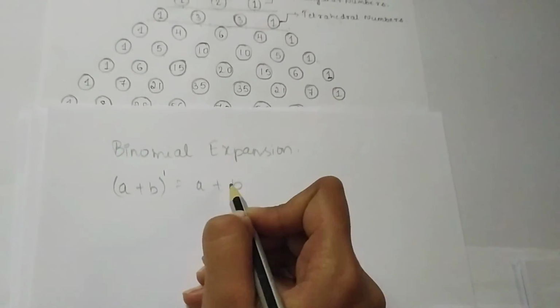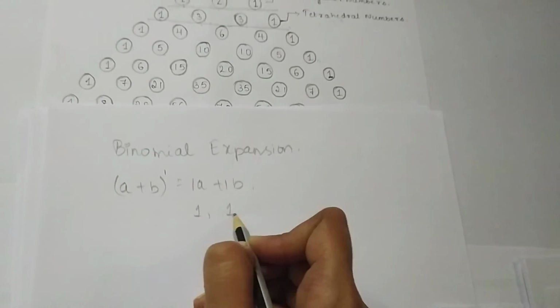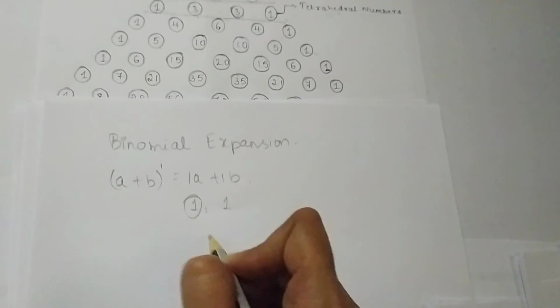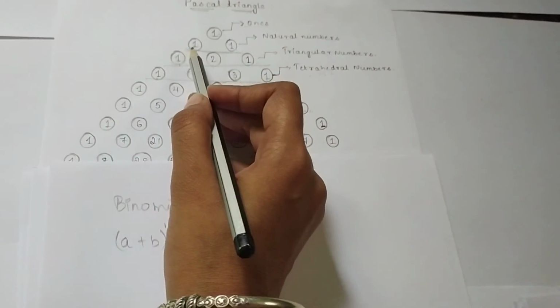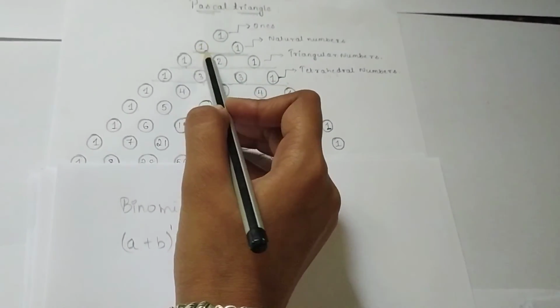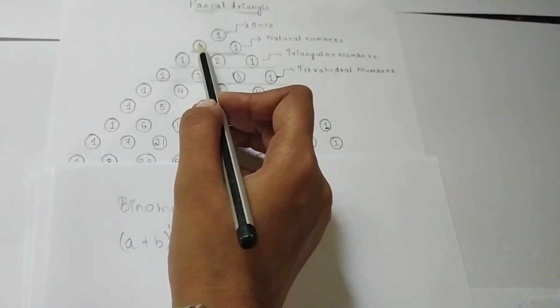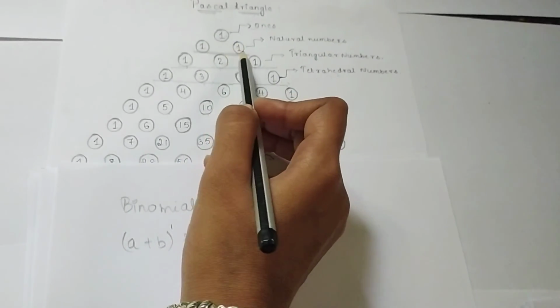If we expand, we get a plus b. Here the coefficients are 1, 1. For a, we have a coefficient 1, and for b, we have a coefficient 1. In the Pascal triangle, in row 1, we have the coefficients of a and b. The coefficient of a is 1, and for b, we have a coefficient 1.